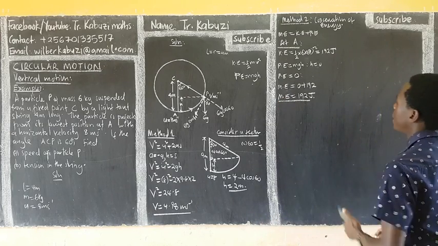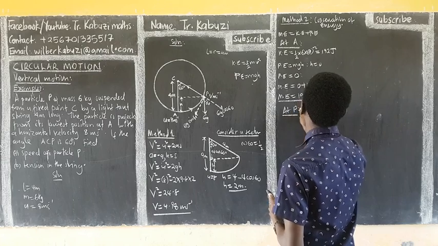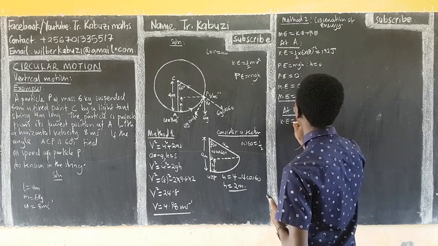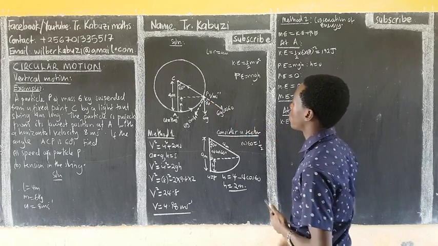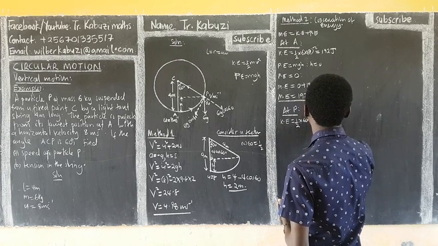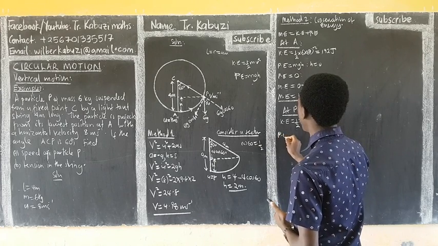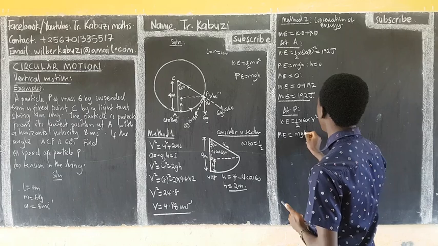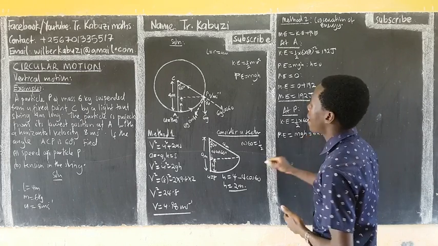So now, after that, we come to P. At P, our kinetic energy is going to be a half times the mass, then times the velocity, which is what we are looking for because we don't have it. So v squared, which is going to give us 3v squared. Then our potential energy at P is going to be mgh, which is 6 times 9.8, times the height.